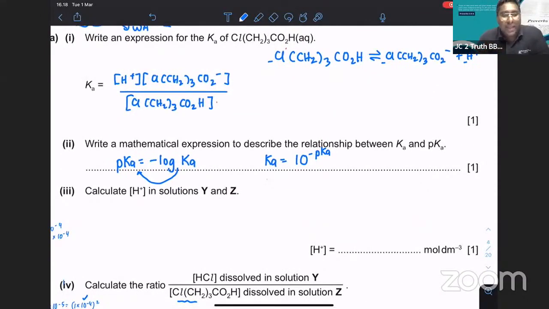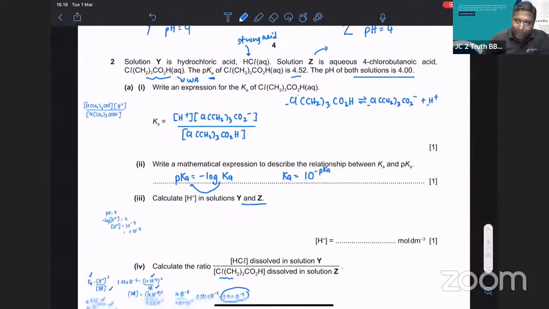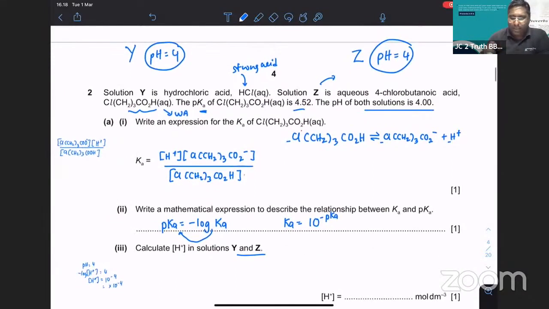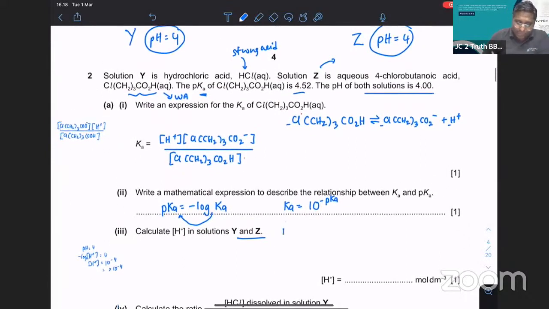And then calculate the H plus in solution Y and Z. This is the part that students will get confused. Remember just now, I told you for both, pH is going to be 4. So it doesn't matter. You can just use the common equation. If pH equals 4, we can calculate the concentration of H plus.